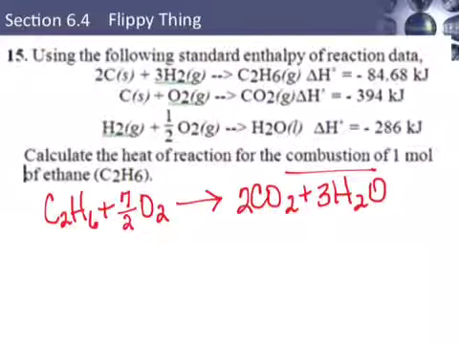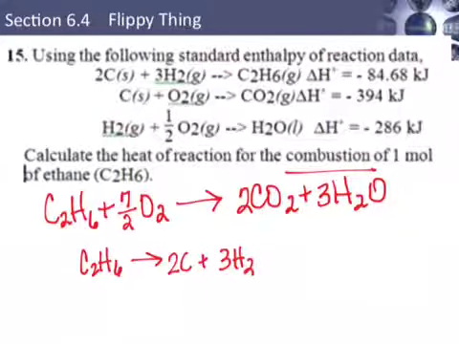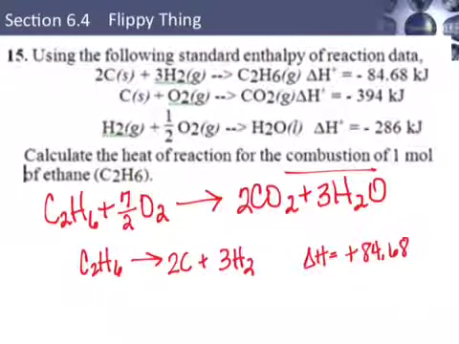So let's start manipulating. So first one we're going to flip. So C2H6 gives me 2C plus 3 H2s. We flipped it, which means my delta H is now going to be positive 84.68. All right. Next, what do we do with the next one? We need 2 carbon dioxides.